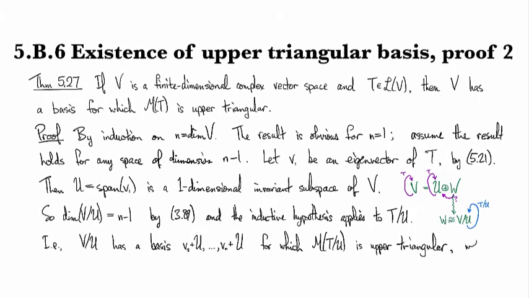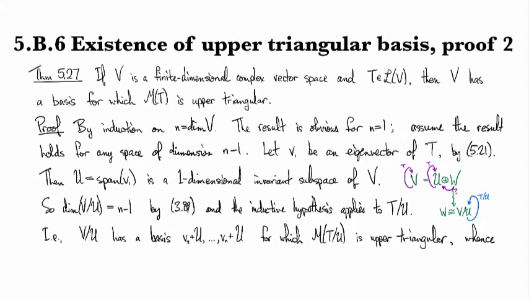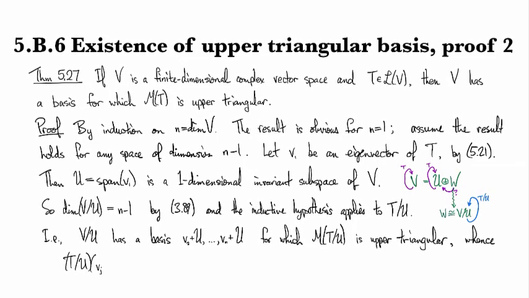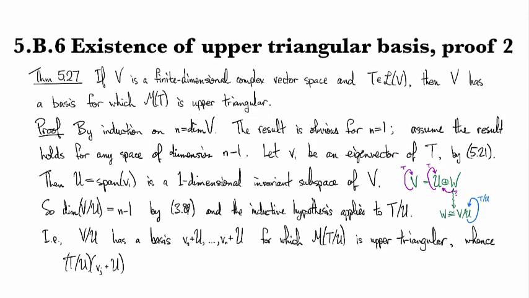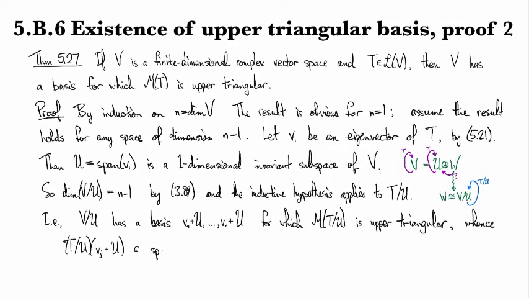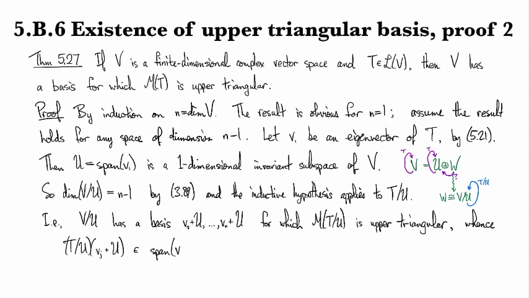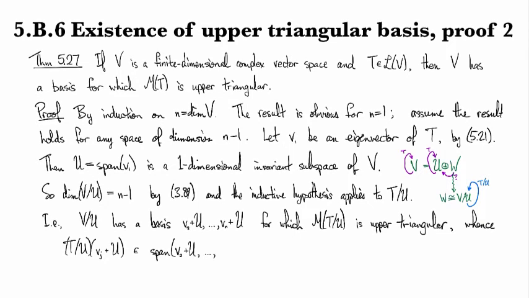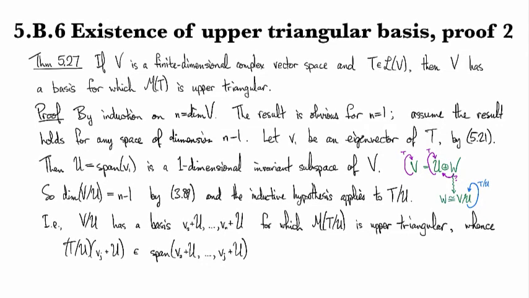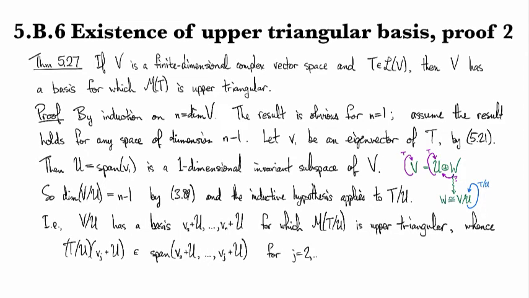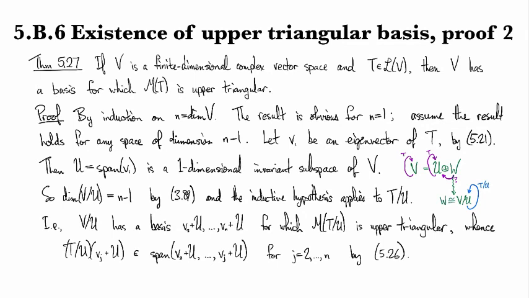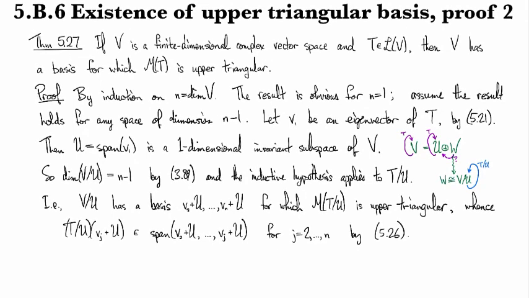Okay. Whence? I always love a good whence. T mod U, if we apply that to one of those basis elements, Vj plus U, then this is going to be in the span of the foregoing vectors, by our invariance of triangular basis lemma or proposition.